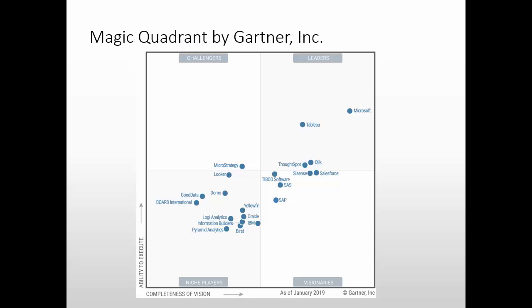So, completeness of vision on the x-axis and the ability to perform or execute that vision, and they gave each quadrant a name, okay, niche players, challengers, leaders, and visionaries. And here are the leaders, and you see there are 4 of them in the leader quadrant.